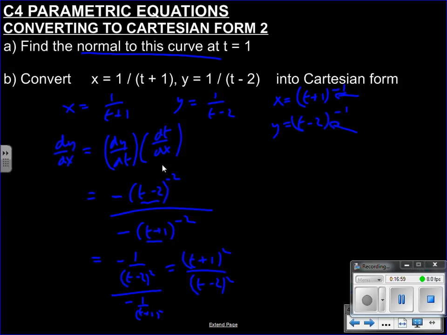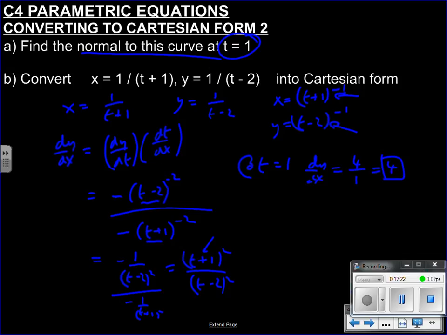And we're looking for the normal at the point t equals 1. So at t equals 1, dy by dx is going to equal, when t is 1 in there, that's 1 plus 1 over 2, so that's 4 squared, because it's 2 squared, and 1 minus 2 is minus 1, all squared is 1, so the gradient is 4.